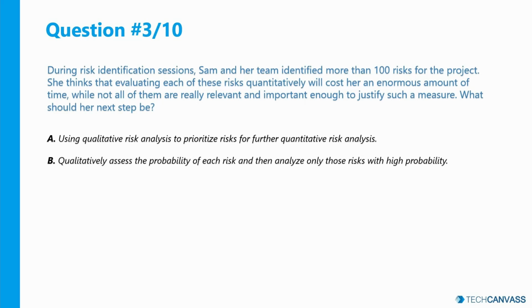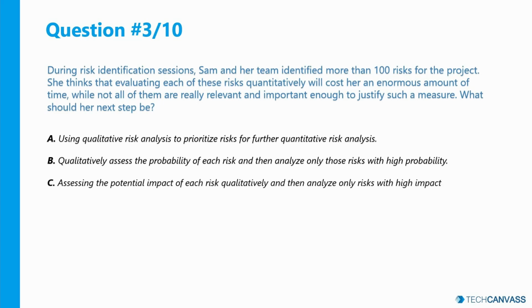Option B: qualitatively assess the probability of each risk and then analyze only those risks with high probability. Option C: assessing the potential impact of each risk qualitatively and then analyze only those risks with high impact. And option D: identifying risk triggers and then quantitatively analyzing only risks with no found triggers.